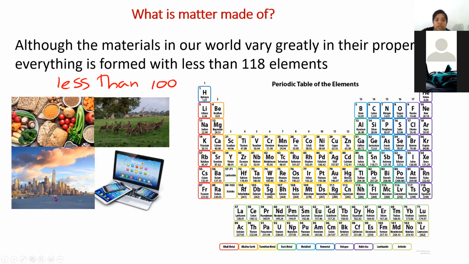Some of the elements like these ones are not very stable, and you don't learn about these in your A levels. That is why we say that everything results from less than 100 elements.